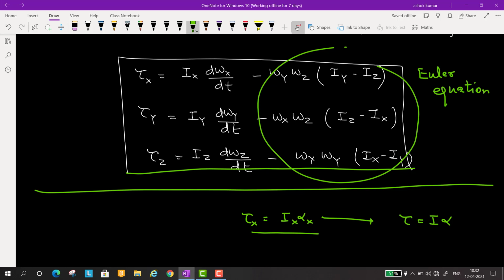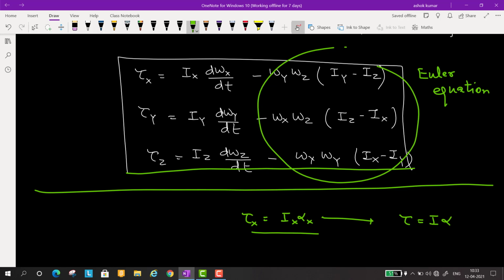So the Euler equations are the extended form when the rotation of the body is not along any of the coordinate axes, rather it is a three-dimensional motion, in three-dimensional space about the principal axes. So Euler equations are nothing but an extension of Newton laws of motion for rotational motion of a body about a fixed axis.